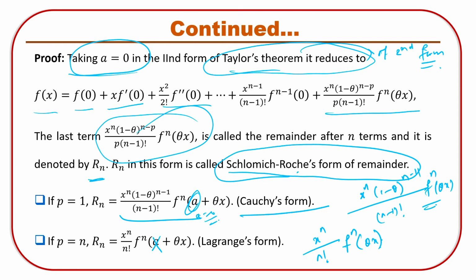It is not a, because this is going to be 0. So, that is the Lagrange remainder of the Maclaurin's theorem, the Cauchy remainder of the Maclaurin's theorem, and Maclaurin's theorem itself for the n term remainder, right.